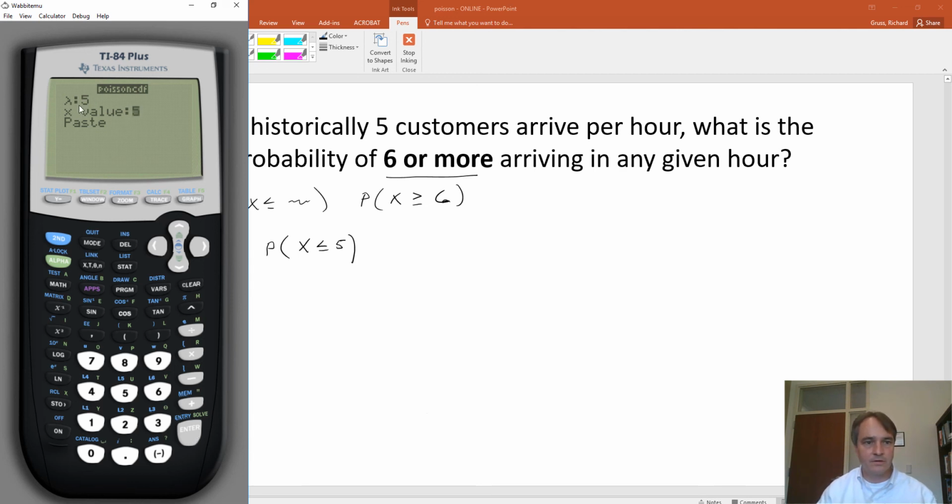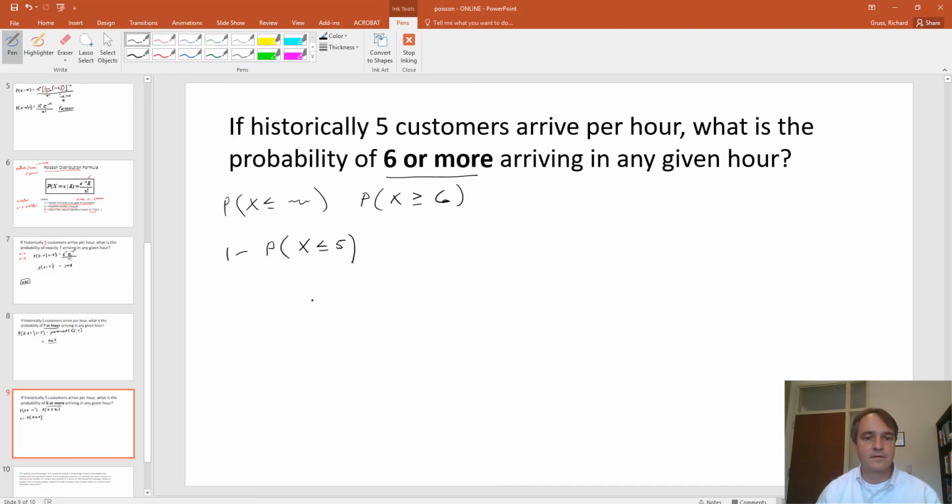So our mean is 5 per hour, and we're curious about 5. And that winds up being 0.384.